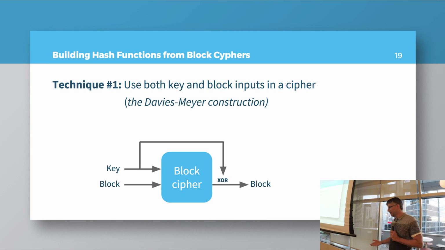Well, the classical way of doing this is to use block ciphers. So in this case, what we're going to do is, as we said, a block cipher takes a message and it spits out a ciphertext, and both the message and the ciphertext are the same length.